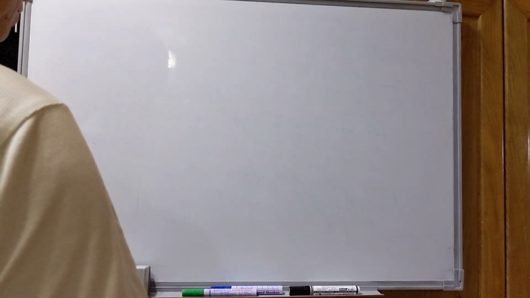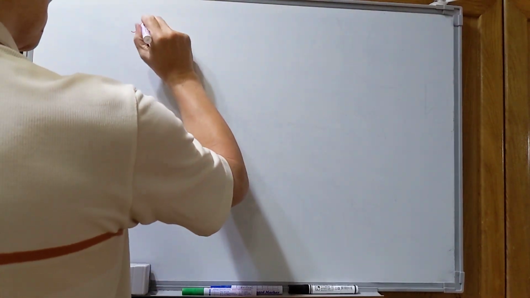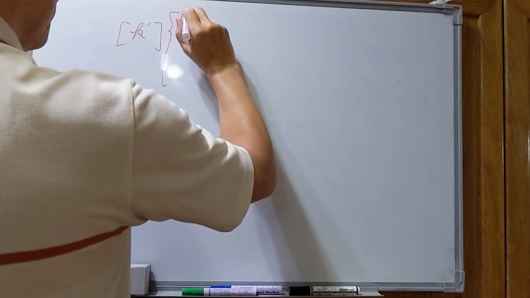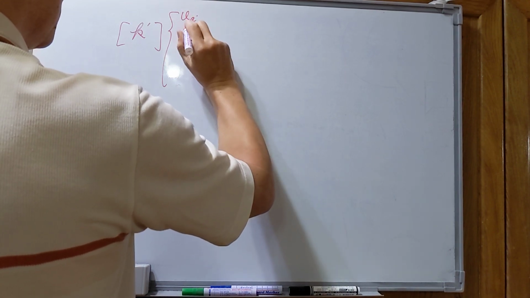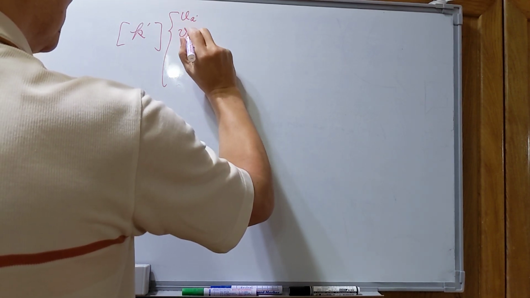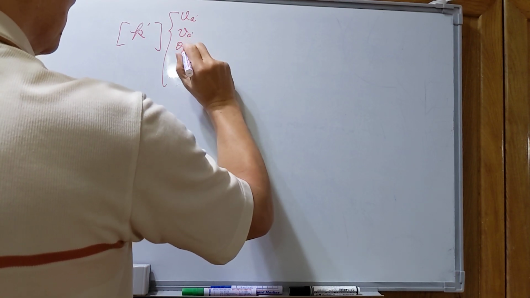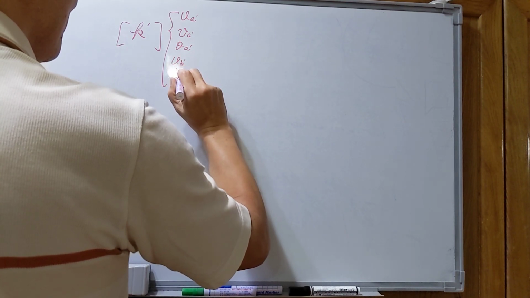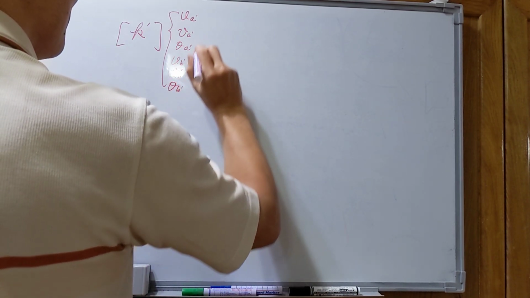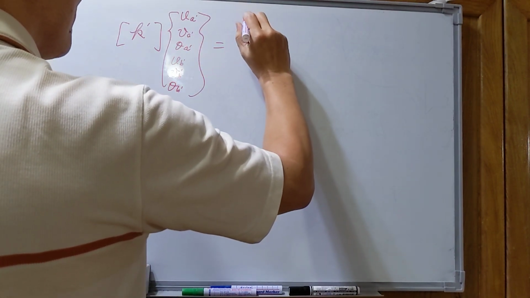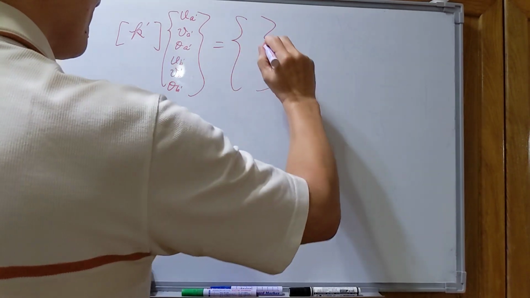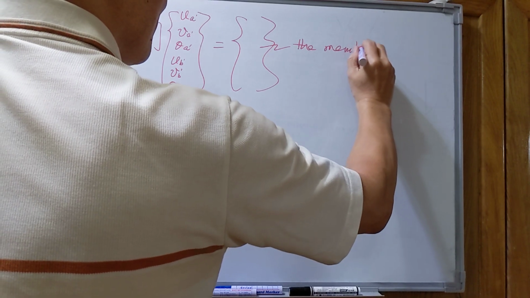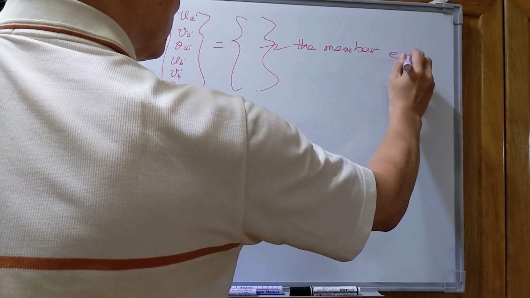Here we have the K prime multiplied by the displacements UA prime, VA prime, theta A prime, that's the member influence.